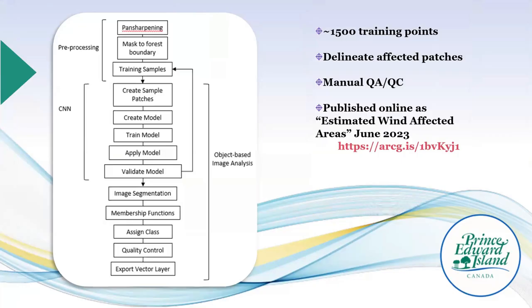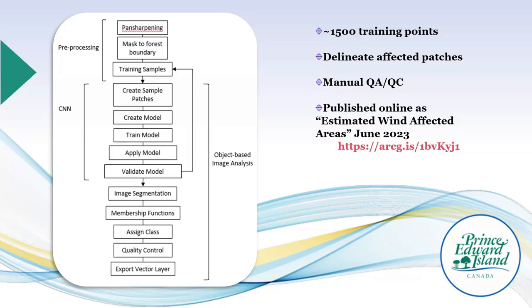Here is a quick flow diagram of how that's done, and you can imagine we did this a dozen times for each of those different images that look so different. Pick a lot of training samples that tell the model what is a forest and what has been blown down, based on what we see manually, and then send it out to dictate the rest.